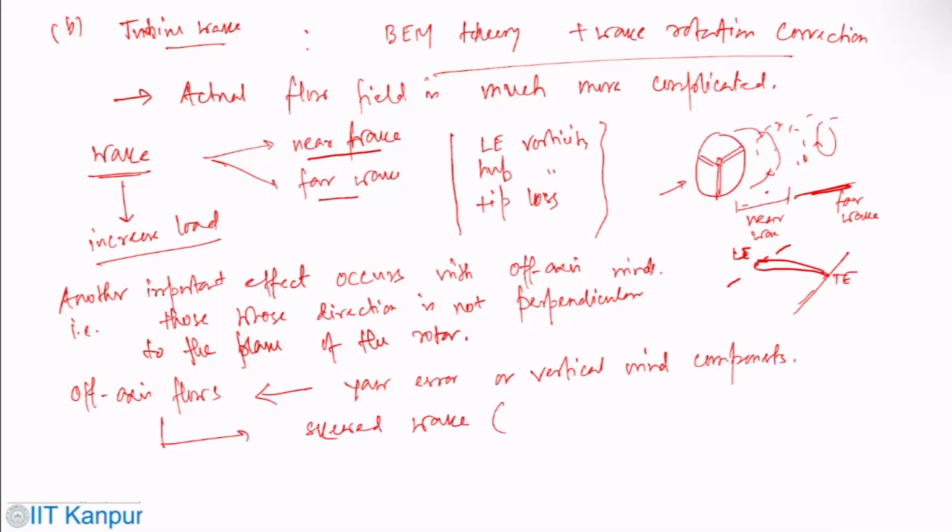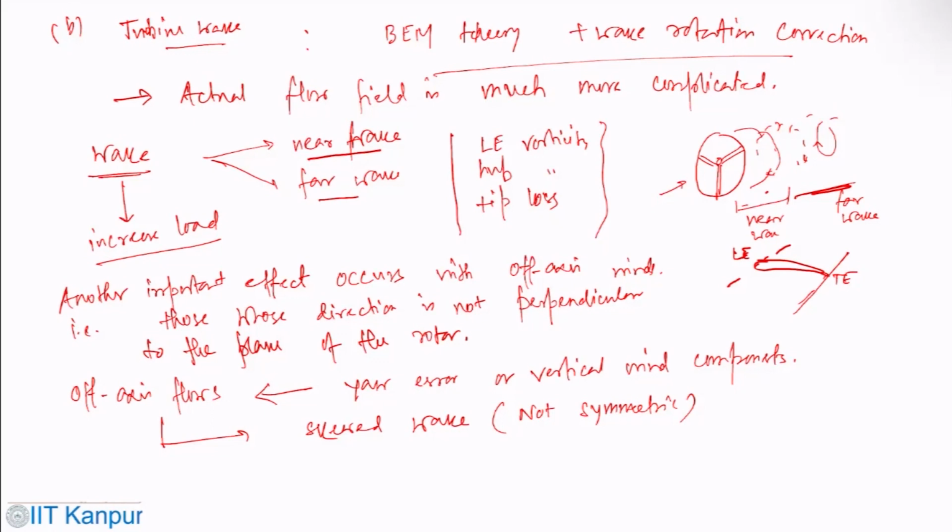So that means the skewed wake is not symmetric. What happens is that the skewed wake results in the downwind side of the rotor being closer to the tip vortices, which are being transported downstream, than the upwind side of the rotor.